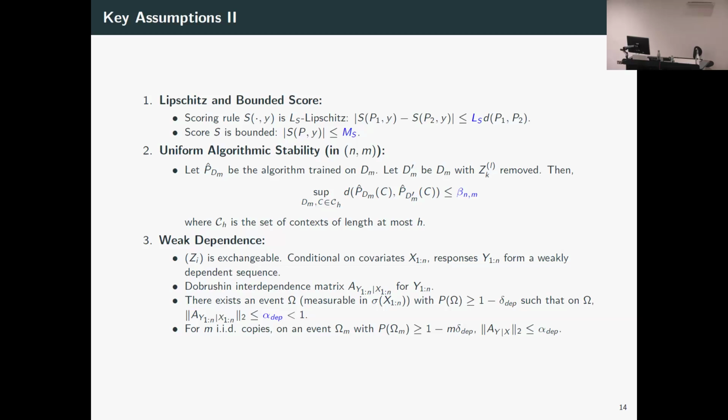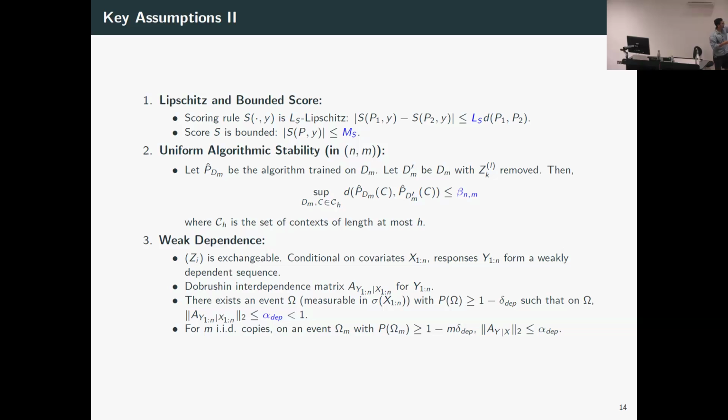The uniform stability condition is slightly different. Now I'm perturbing the data set by changing just one of the m times n observations, so I'm changing one data point within one of the m sequences. The effect of that is bounded by beta_{m,n}.